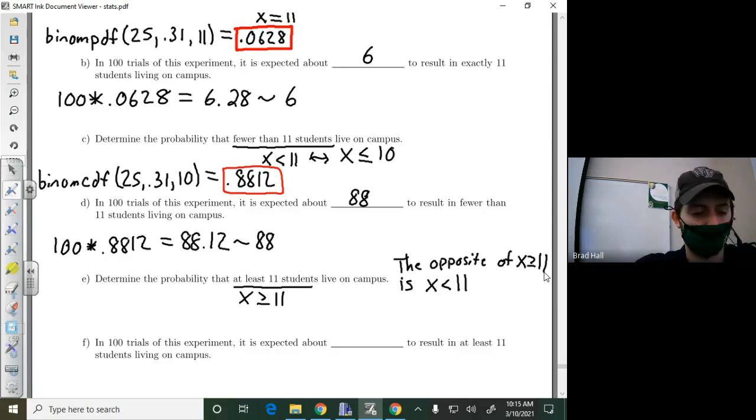You are right what you said, but we'll get to that part right after this one. The opposite of x is greater than or equal to 11 is you flip the inequality symbol, and if you had an equal to sign, you get rid of it. If you didn't have one, you throw it back in. That is the complete opposite of your sign. So if there was not an equal to sign, you would put an equal to sign. If there was an equal to sign, you take it away. You do the complete opposite.